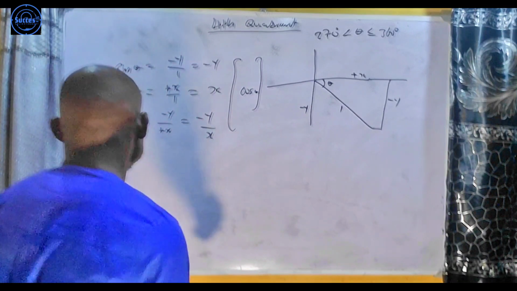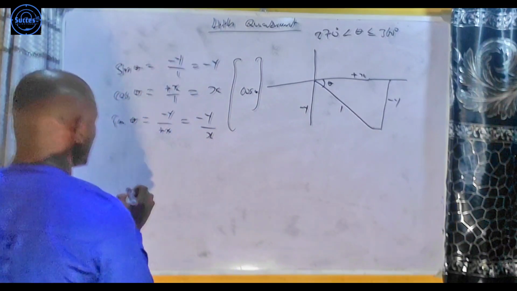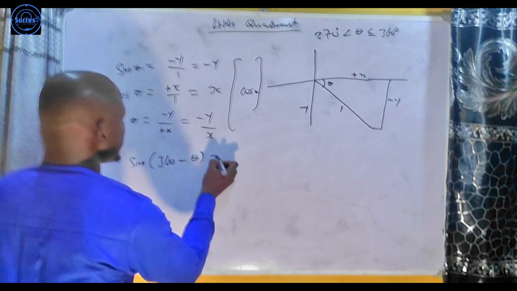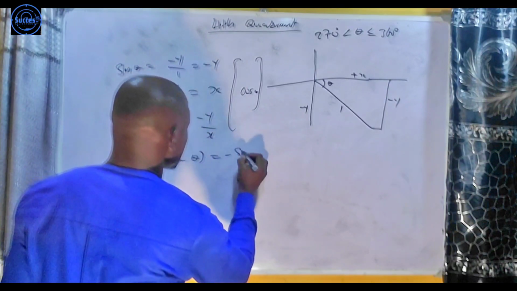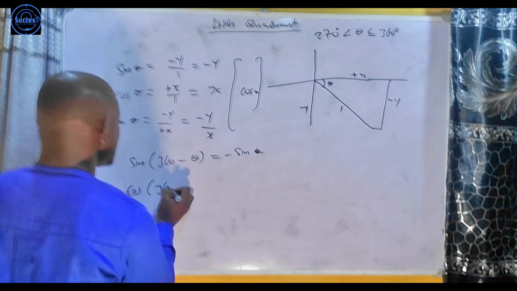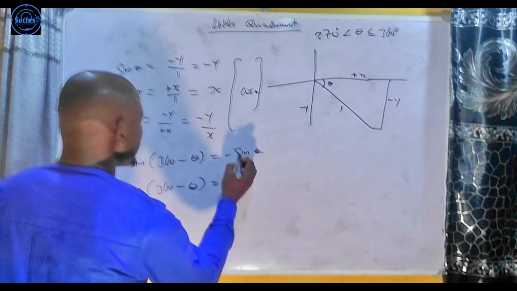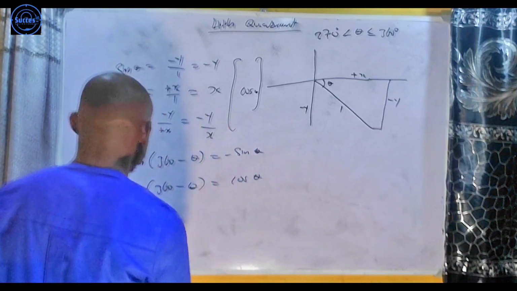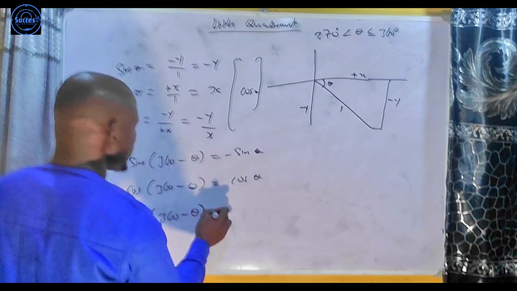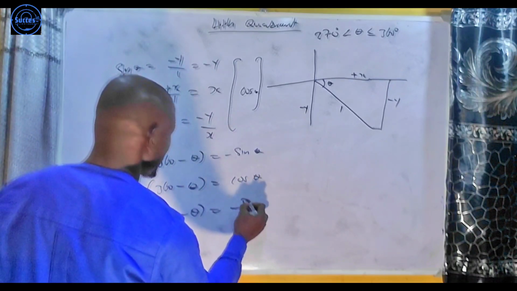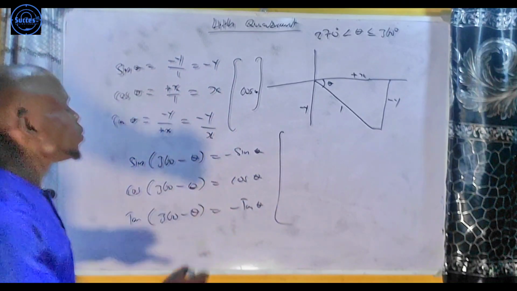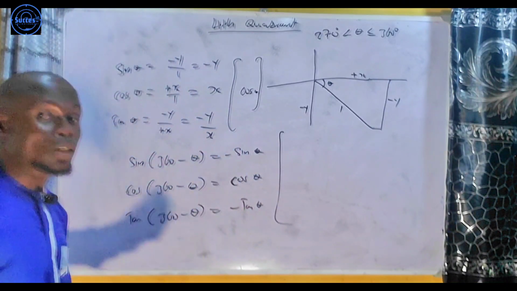Use the formulas in the fourth quadrant: sine of 360 minus theta equals minus sine theta, cos of 360 minus theta equals cos theta, and tan of 360 minus theta equals minus tan theta. Here only cos is positive, so the rest are negative.